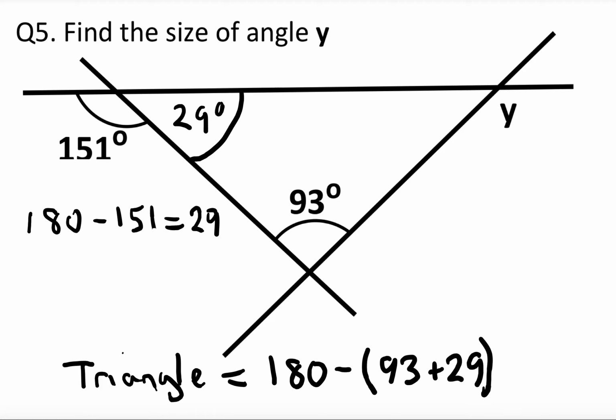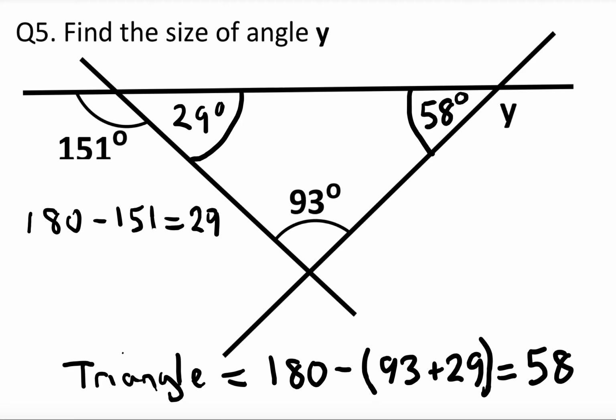So if we do that on the calculator, we can find out the missing angle there is 58. So we can put that missing angle in there. 58.